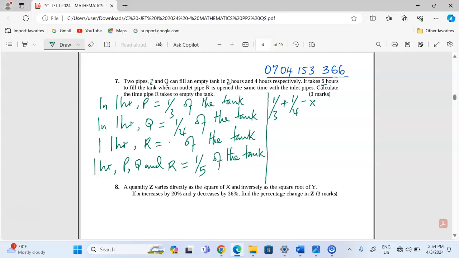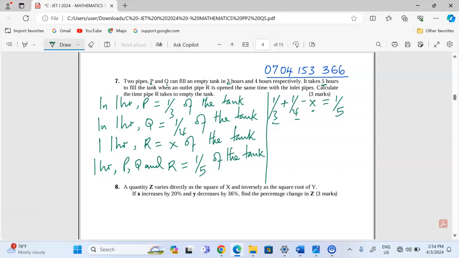So this fraction is x, the fraction that R is operating at per hour. We're going to get 1 out of 5. This is when the 3 pipes are working. This is P, this is Q, and R, which is emptying.